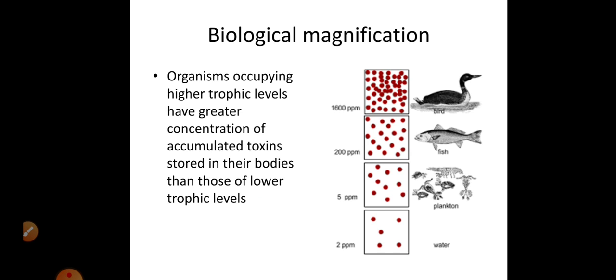This is the biological magnification. Organisms occupying higher trophic levels have a greater concentration of accumulated toxins stored in their bodies than those of lower trophic levels.